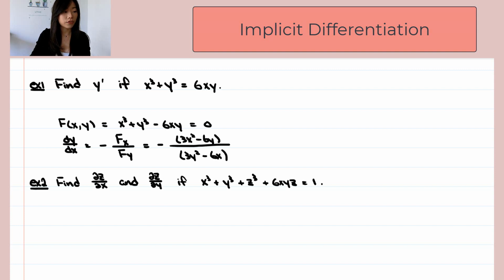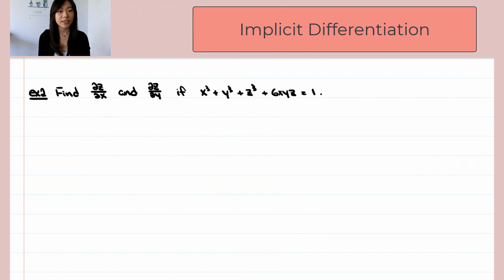I can factor out the 3 from both the numerator and the denominator. So this equals negative of x squared minus 2 times y over y squared minus 2 times x.